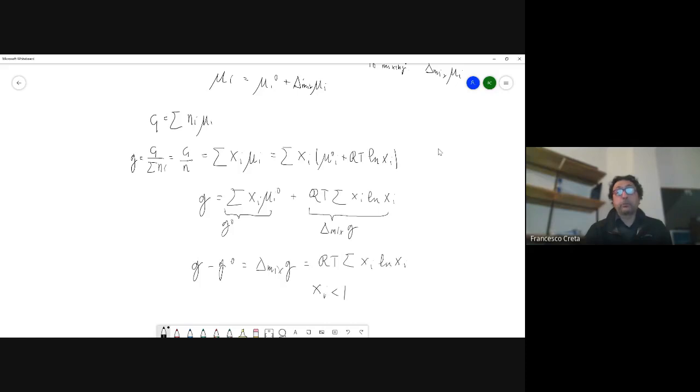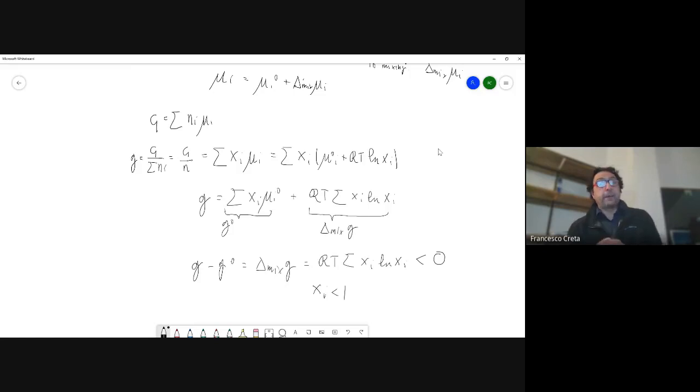If you compute these quantities in the summation, you realize that these are all negative, because intrinsically the Xi's are less than 1. So really, it's pretty obvious that due to mixing, the variation of Gibbs energy is negative.